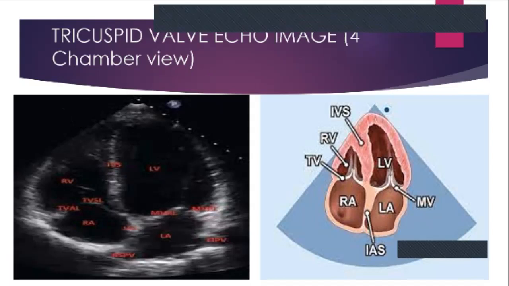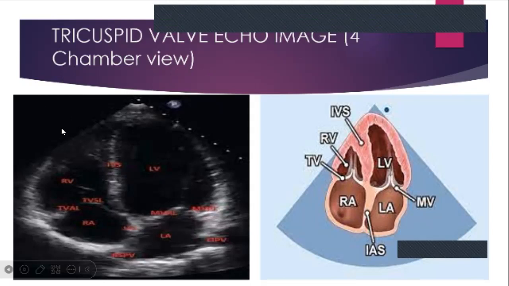The apical window four-chamber view. Here you can see the interventricular septum, the left ventricle, which is big, the right ventricle, which is small, and the tricuspid valve. You can see the anterior leaflet.